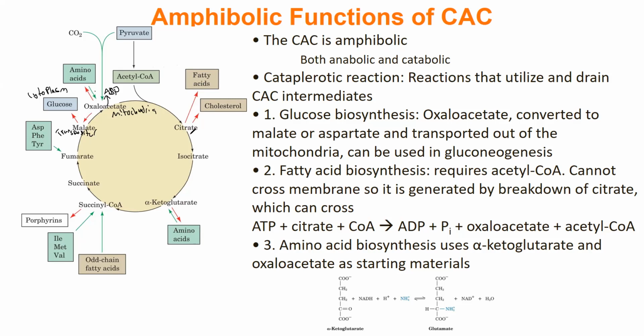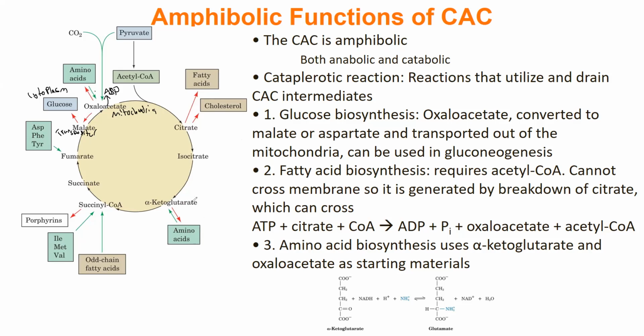As we talked about like 4 minutes ago, citrate can leave the mitochondria, and one of the things citrate does is make fatty acids. The logic is, if you have a lot of citrate around, you have a lot of energy, no need to break it down, let's store it. So we're going to use it to block PFK, and we're going to use it to make fatty acids or cholesterol.